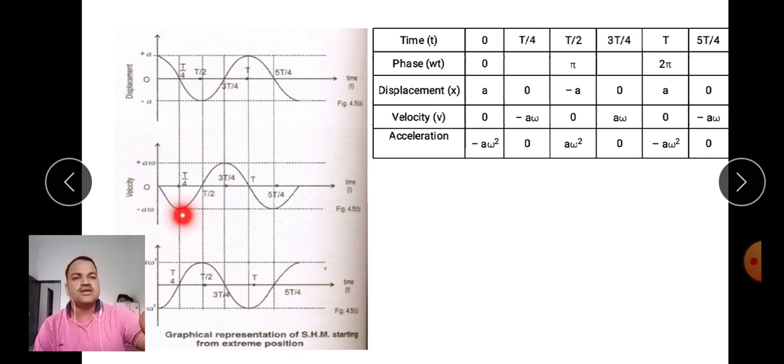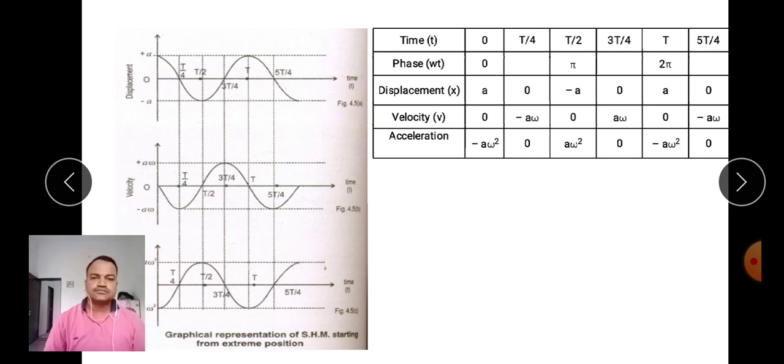And at pi, velocity is 0. Similarly this graph will be continued. And last is acceleration versus time. At the extreme position, or at omega t equal to 0, the acceleration becomes maximum but on the negative side, so this starts from the down position, and the graph will be continued.